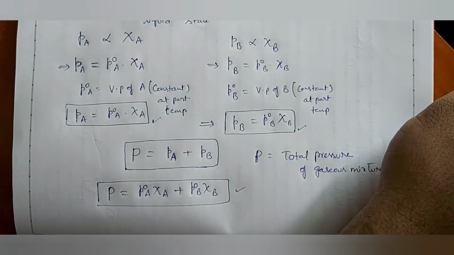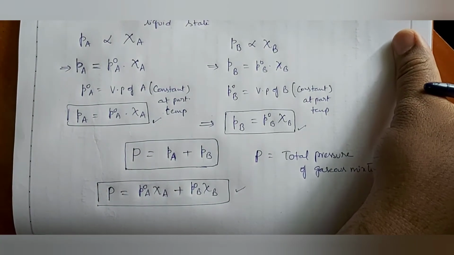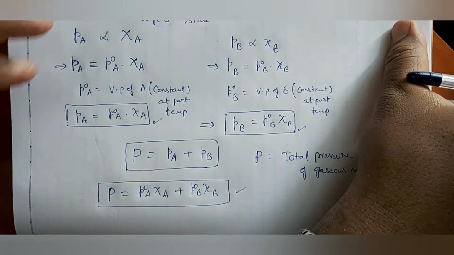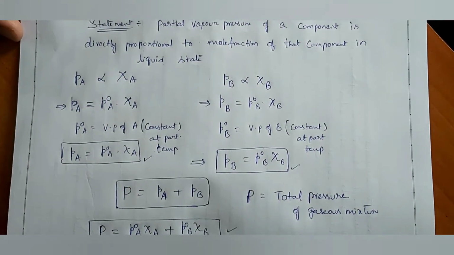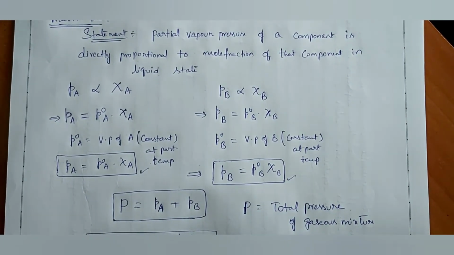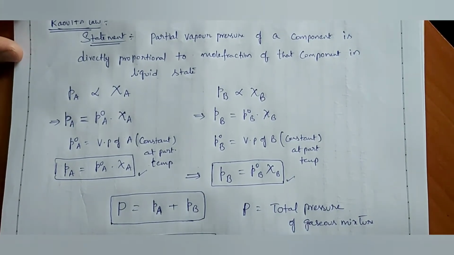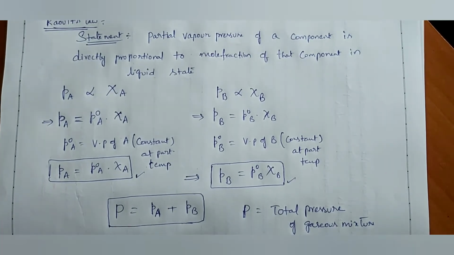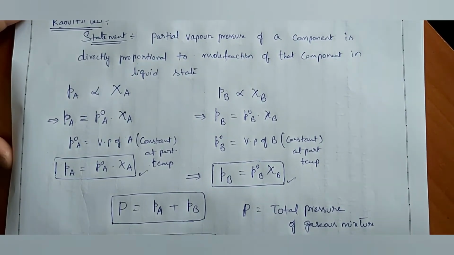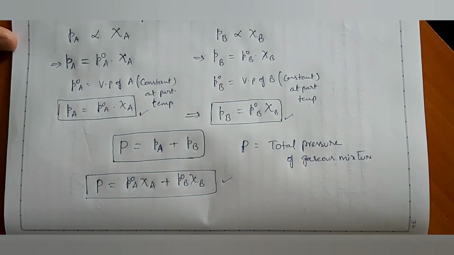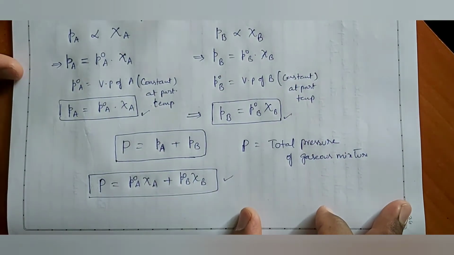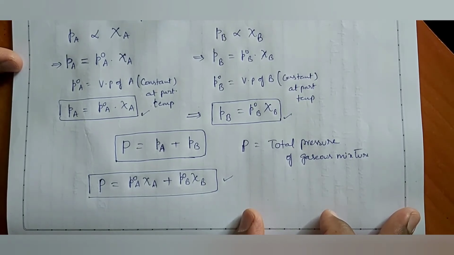You have to be very clear about the difference. Vapor pressure is the pressure of a pure component. Partial vapor pressure is not of the pure component. In a solution, in a gaseous mixture, Pa is the partial vapor pressure of A and Pb is the partial vapor pressure of B. That's why we have to remember carefully, and total pressure P is equal to P naught A into chi A plus P naught B into chi B.